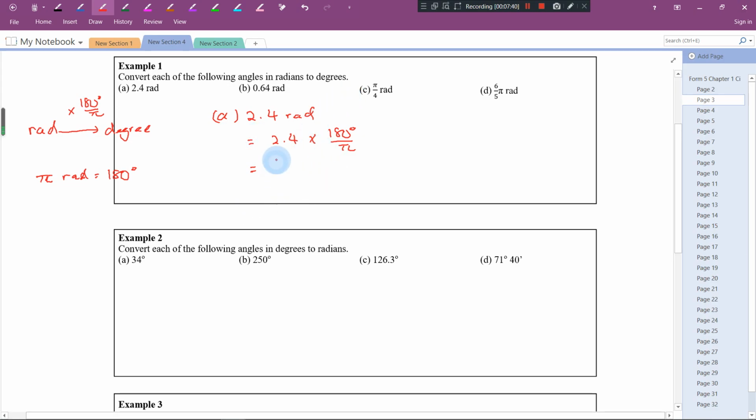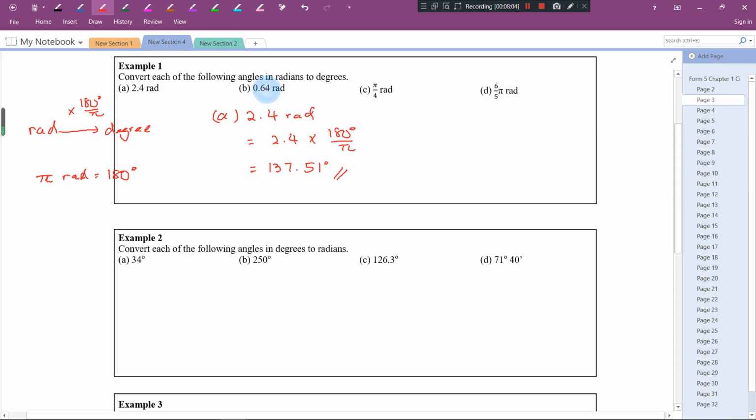So it's equal to 137 point, okay, very long decimal, I just round off to 2 decimal places, 51 degree. Okay, radian to degree, number become bigger, the bigger number on the top, 180 on the top, pi at the bottom here.